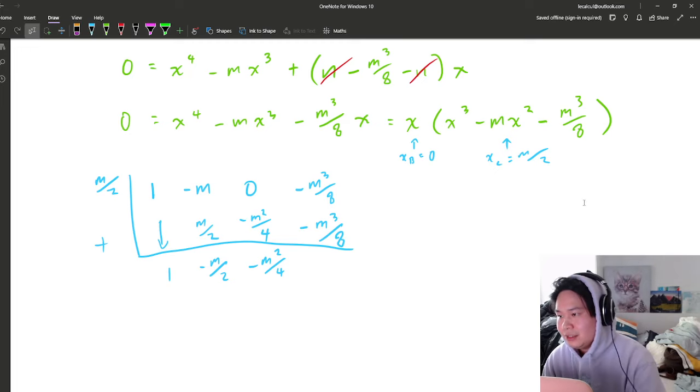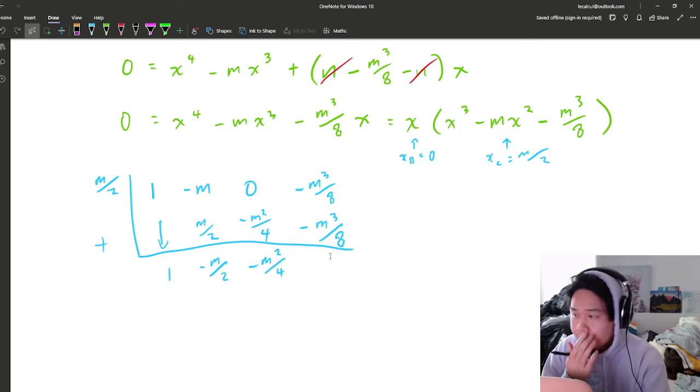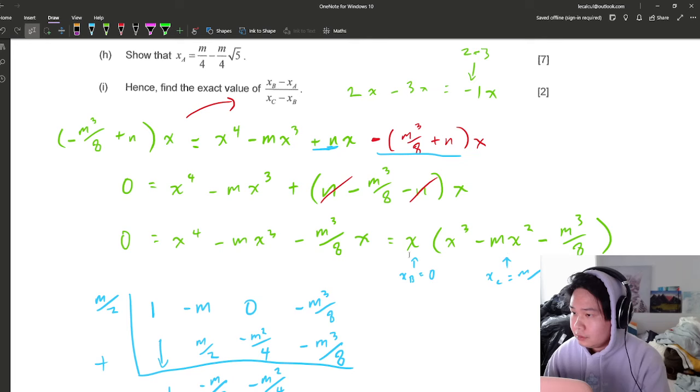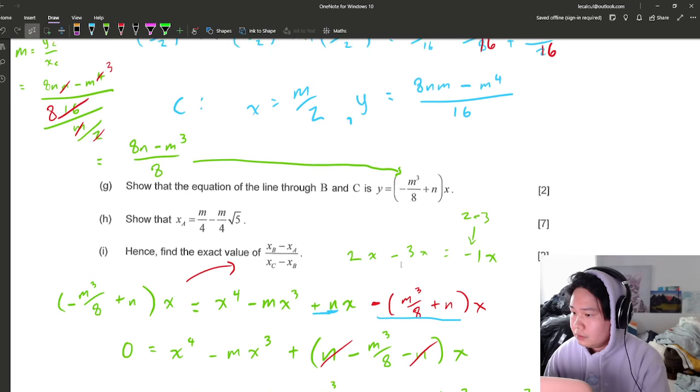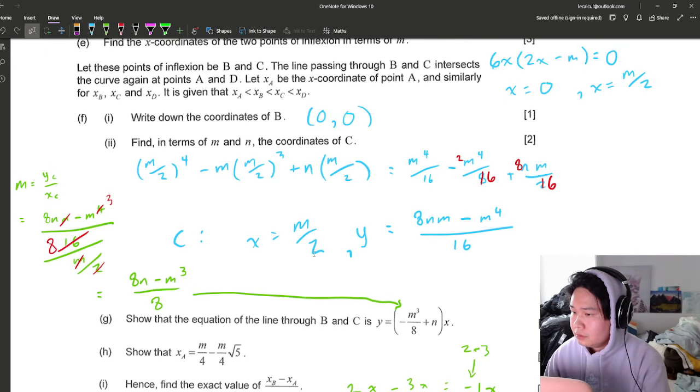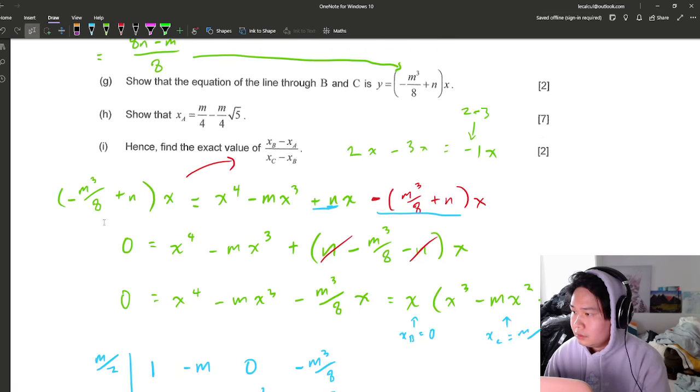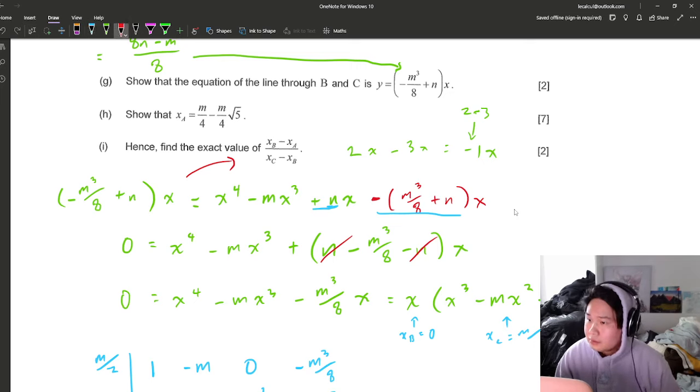Wait, this is supposed to be 0, so I messed up my sign somewhere. This one goes over there. Oh, I forgot a minus in here. There's a minus in here, which means that this is a plus. Which means that this is a plus.